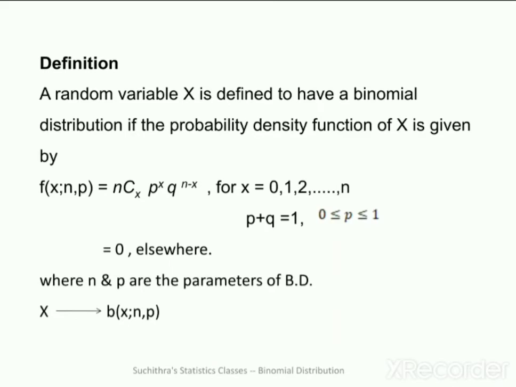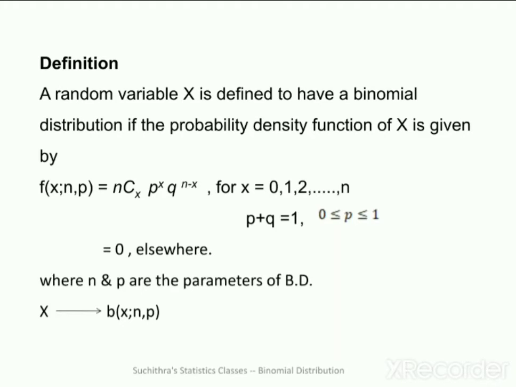Then let us define binomial distribution. A random variable x is defined to have a binomial distribution if the probability density function of x is given by f of x and p equal to nCx p raised to x q raised to n minus x, for x takes the value 0, 1, 2, 3, etc. n, p plus q equal to 1 and p lies between 0 and 1, 0 less than or equal to p less than or equal to 1, equal to 0 elsewhere, where n and p are the parameters of binomial distribution.